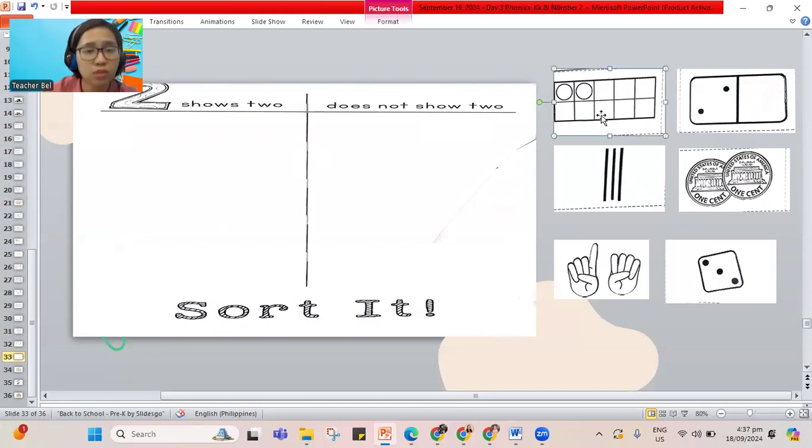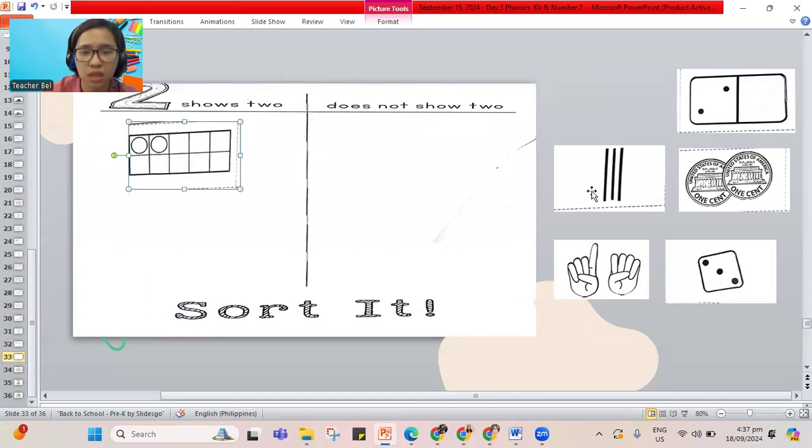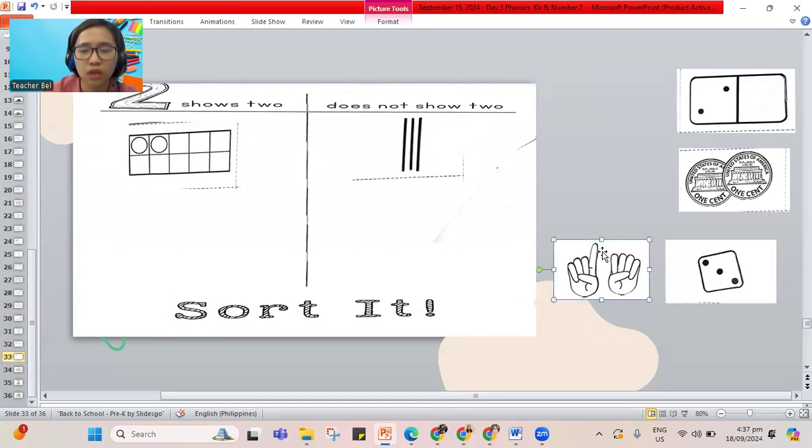How many frames do we have? 1 and 2. There's only one, but how many are inside? It is two. How many candles? One, two, three. Three also. How many fingers? One, two, three, four, and five.